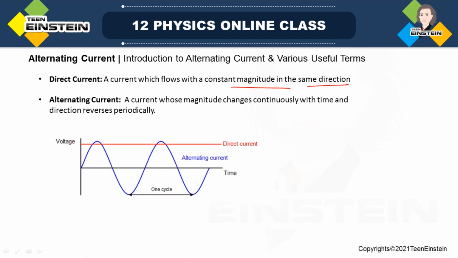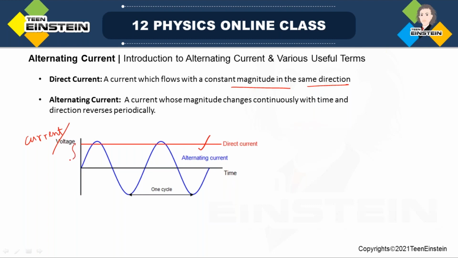Let us see the graphical representation. A voltage or current can have this variation, in general AC signal and DC signal. For the DC signal, you can see this is a signal versus time curve, and it is parallel to the time axis.